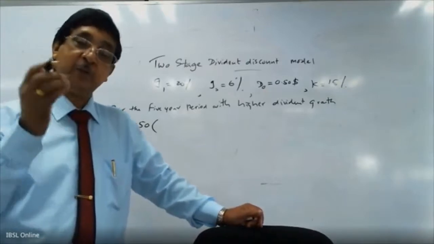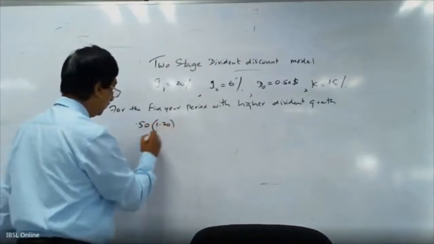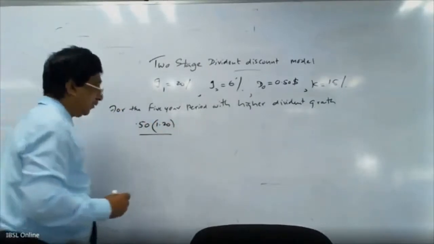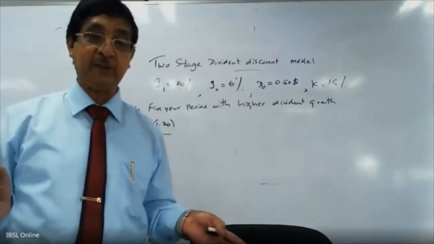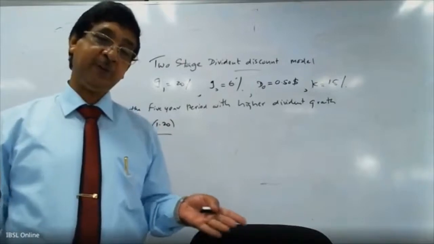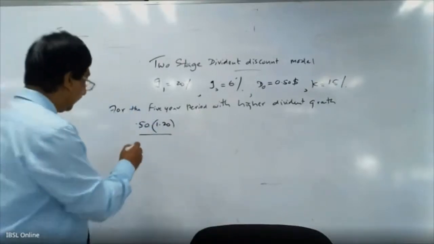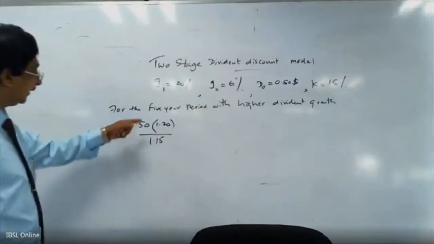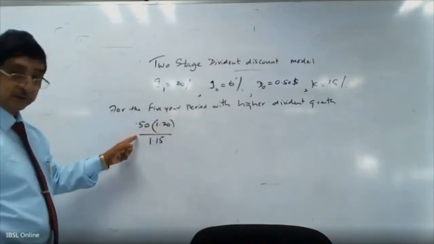Then 1 plus 0.2 is 1.2, divided by 1 plus K. What is K? K is 15%, which in decimal form is 0.15. So the denominator will be 1.15, and this is the present value of year 1's dividend cash flow.